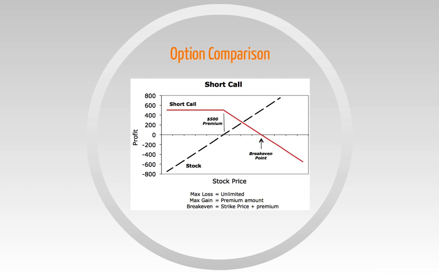On the other hand, as we see on the right side of the graph, their losses can be unlimited. They're the mirror image of our long call position. So it's very important for them to cover their position so that they aren't exposed to those types of unlimited losses. But again, these are both the same position from different points of view, from the buyer versus the seller of the option.